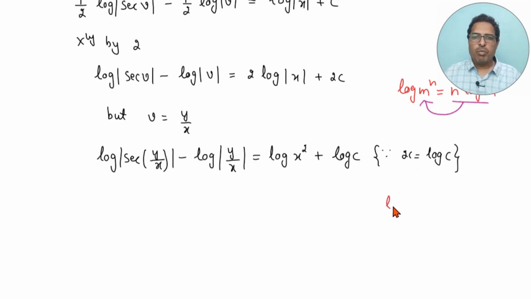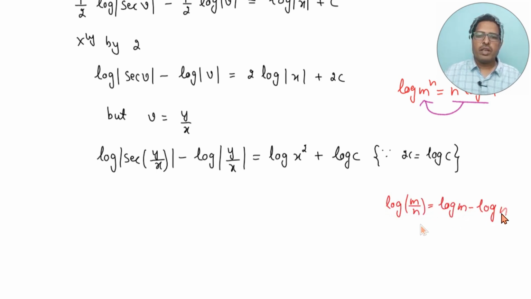We have another property log of m by n, which is nothing but log m minus log n. Now the given expression is in the form of log m minus log n, which can be written as log m by n.